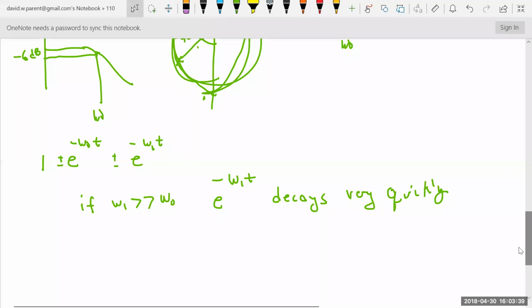So one minus e to the minus omega 1 t, right? That's the low pass step response. But what would be missing? The plus e to the minus omega naught t, right?